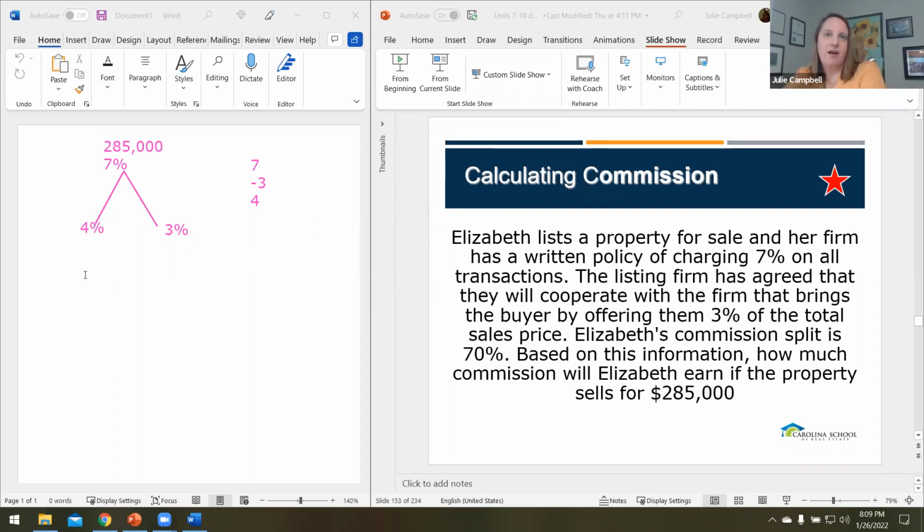Do I care about the other side? No. Who do I care about in this case? There's only one thing I care about, and I care about Elizabeth. What's the information I need to get to Elizabeth's commission? Yeah. You sort of kind of do care about the other side just from a checking your math perspective. Now at this point, I have the information I need, right? So now I'm done with the other side.